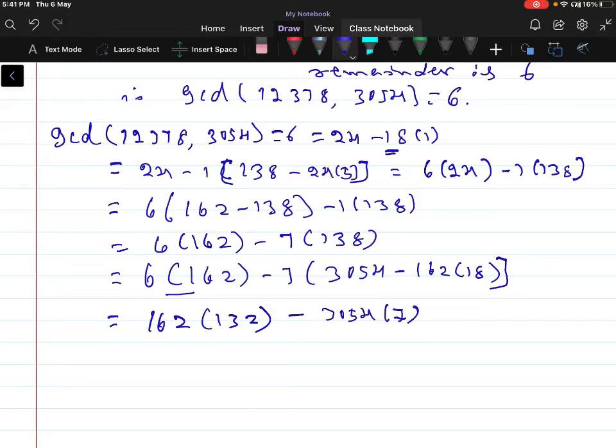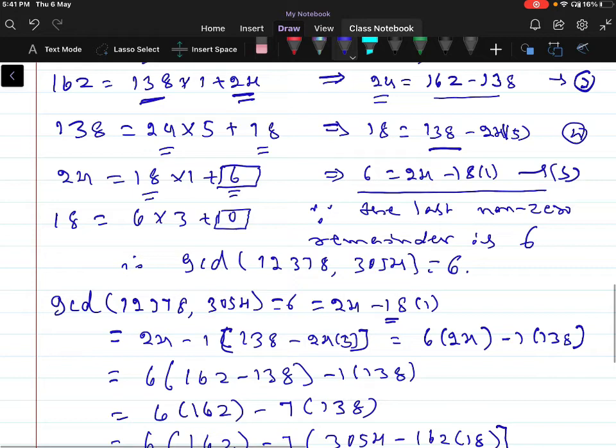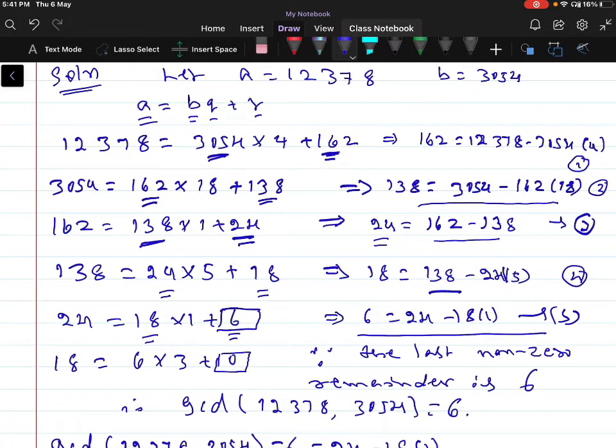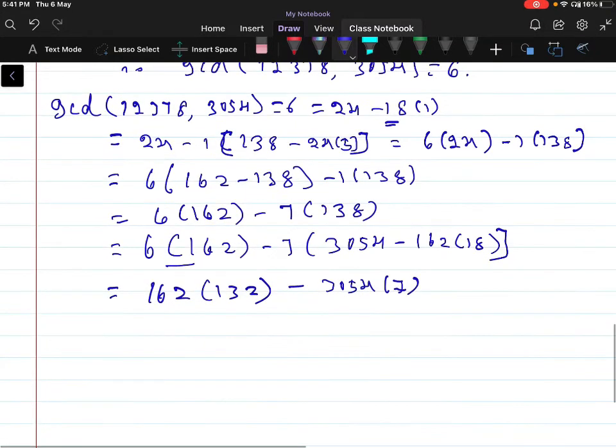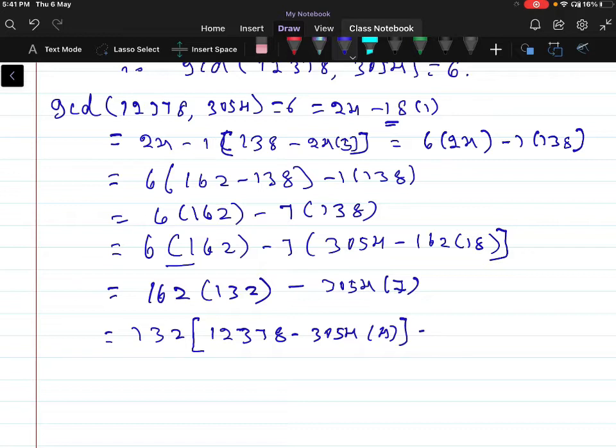Now 162 can be written by using equation 1: 162 can be written as 12378 minus 4 times 3054. So therefore 132 into 162 can be written as 132 into (12378 minus 3054 into 4) minus 3054 into 7.